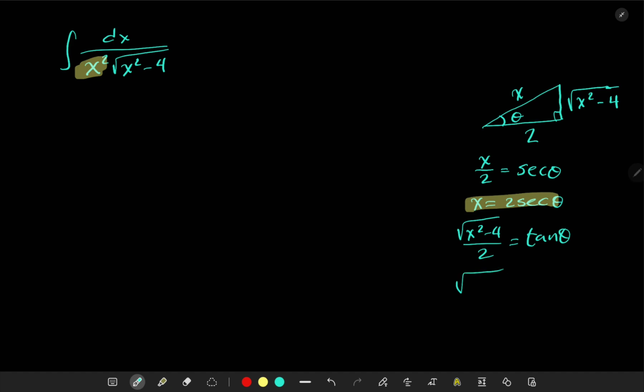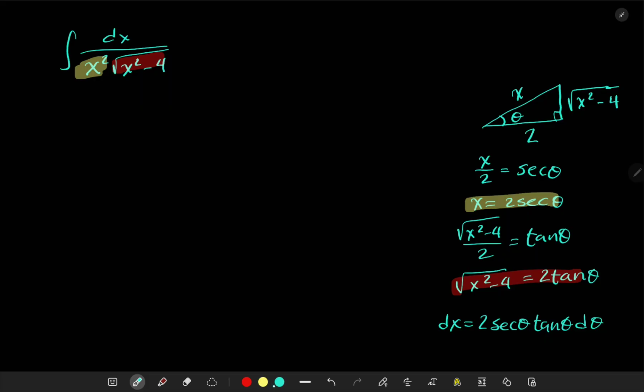So the square root by itself is just going to be 2 tangent. All right, so we put everything together. So this guy will go here. And I suppose I'll need another color because I need a dx. Let's compute the dx from here. Dx is going to be 2 secant tangent.